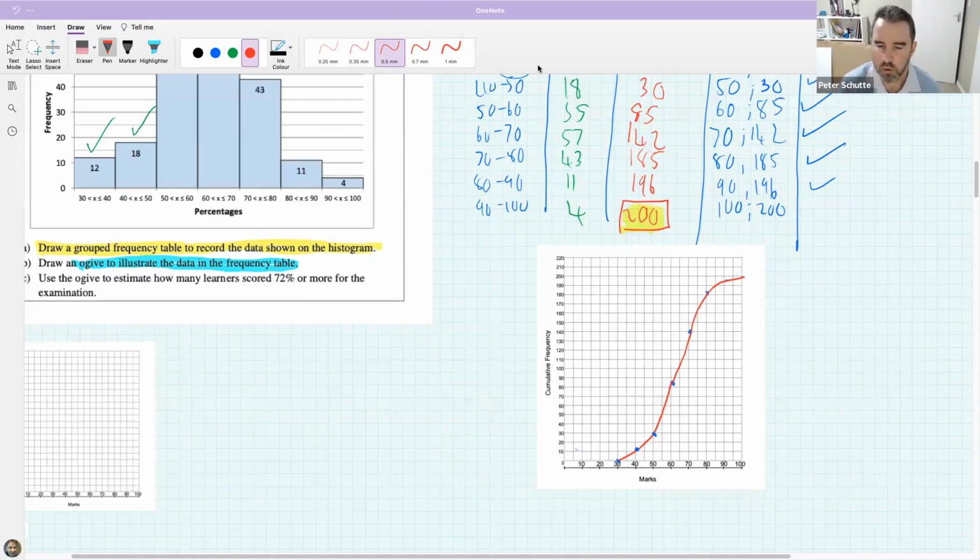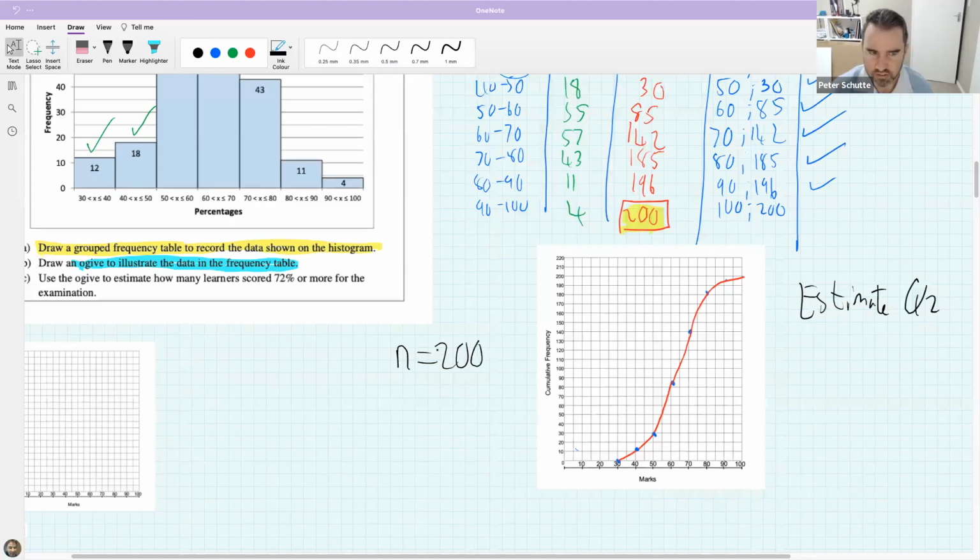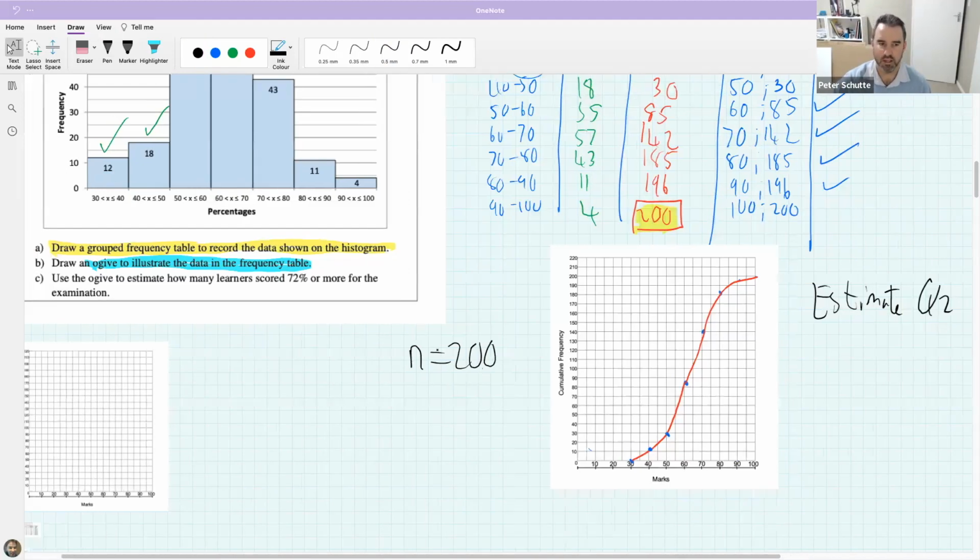Now, what I want you to do is get me an estimate for the median, or an estimate for Q2, by using your ogive. And remember that when we started this, the n value was 200. So estimate what Q2 is for me.